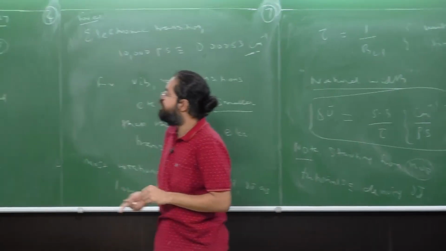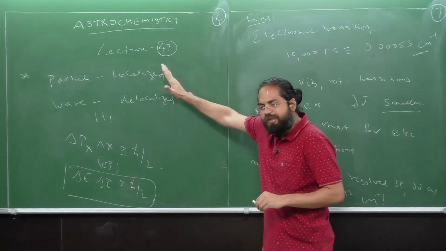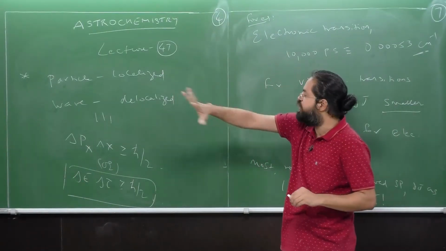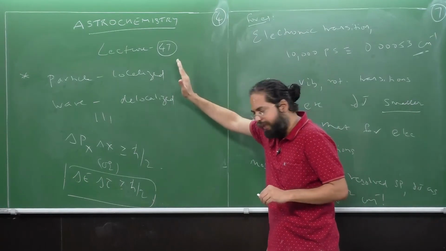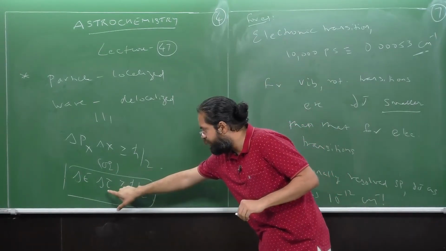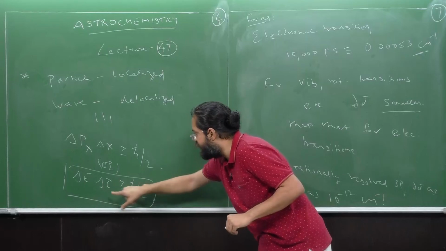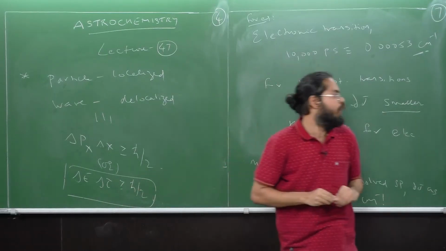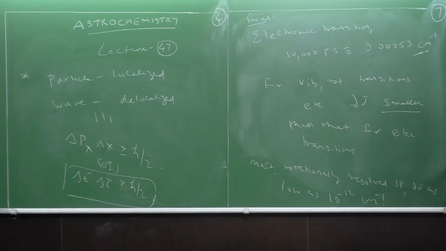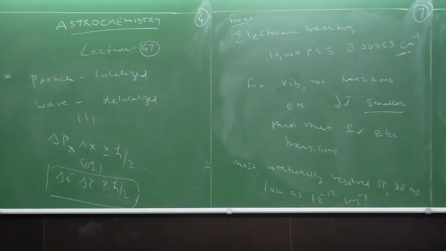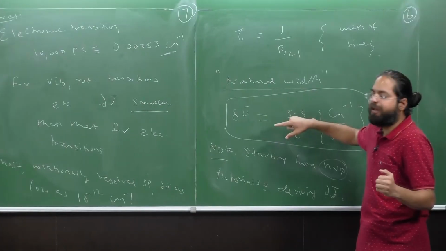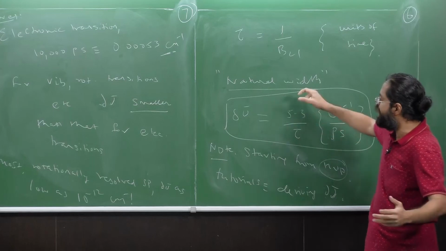And we saw that the Heisenberg uncertainty principle itself is nothing but a manifestation of wave-particle duality in nature. And when we use this particular expression, that is delta E times delta tau is greater than or equal to h bar by 2, we end up with a natural width. That is the width arising due to the quantum mechanical wave-particle dual nature of matter and light.